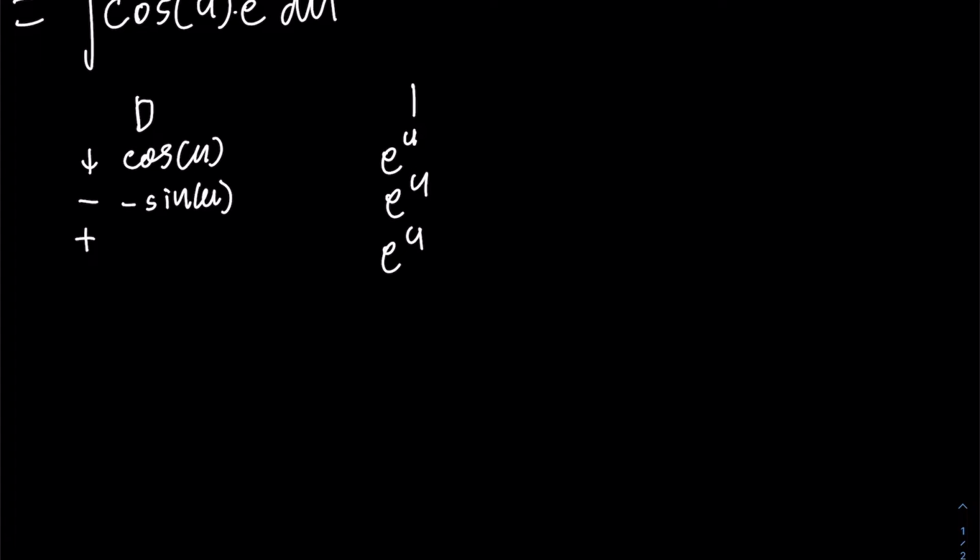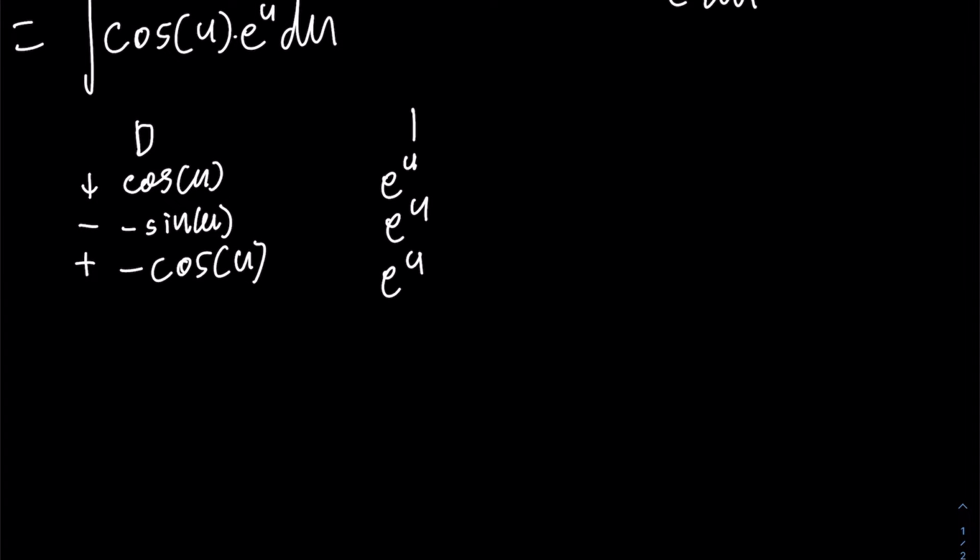The derivative of negative sine of u, well, we know the derivative of sine of u is the cosine of u, but we have a negative there, so this must be the negative cosine of u. When using the DI setup, we take the product of the diagonals and the last row as an integral. We take this multiplied by this as the first part of our answer, and this multiplied by this.